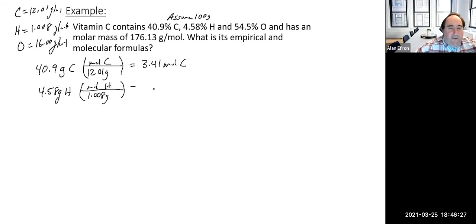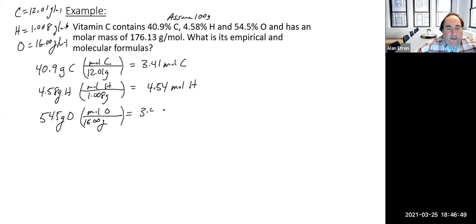Looks like we get 5.54 moles of hydrogen. And lastly here, 54.5 grams of oxygen divided by 16 grams per mole. And looks like we got 3.41 moles of oxygen. So again, the same sort of approach that we've done in previous problems here.